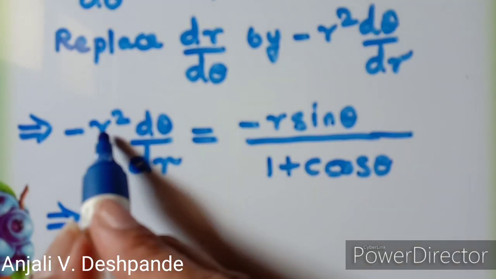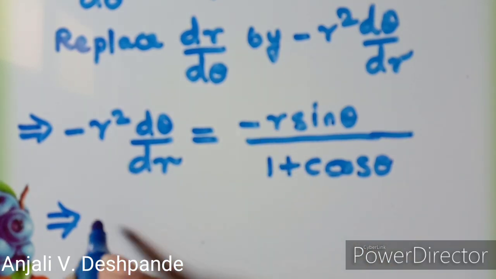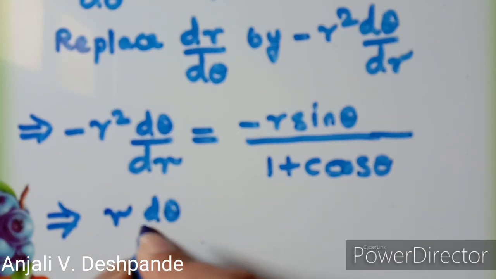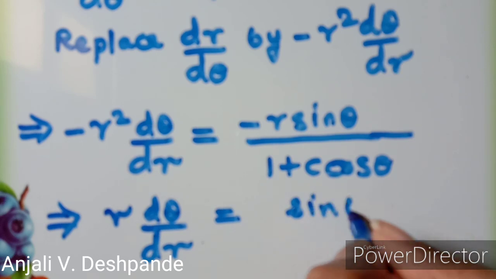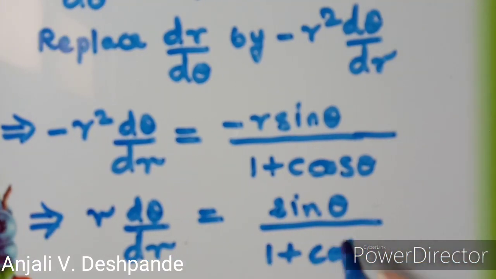Suppose we cancel this r and this r, then the minus and minus get cancelled. So r d theta by dr is equal to sine theta divided by 1 plus cos theta.